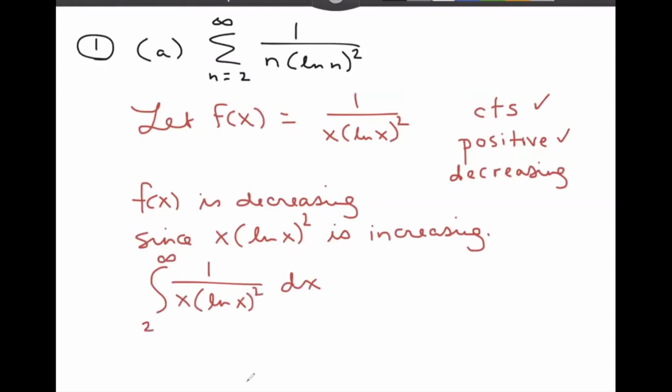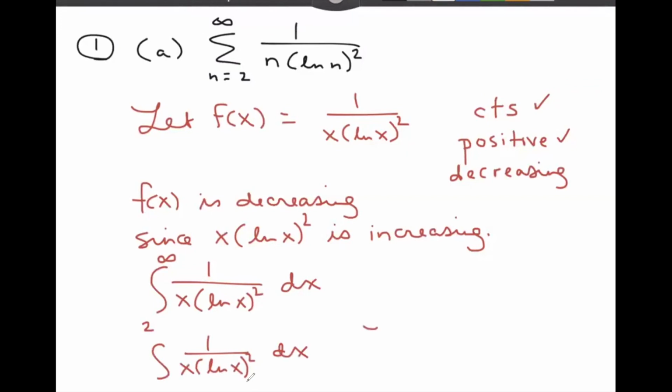All right, and I think it might be a good idea to start by getting the antiderivative for 1 over x natural log of x squared. And then it makes the notation a little bit less clunky, less things to carry around, or at least not have to carry them around for so many steps. All right, so integral 1 over x natural log x squared. That is a u substitution.